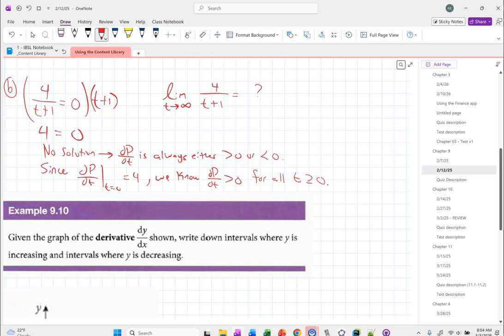When t is 3, what do we get? 1. When t is 7, what do we get? 1/2. What are you noticing here? Is dp/dt getting bigger or smaller as time goes on? Smaller. What are we eventually heading towards? Nothing, or what number is nothing? 0, right?